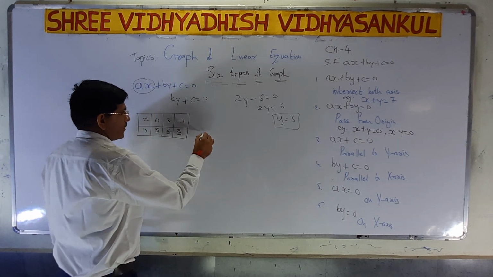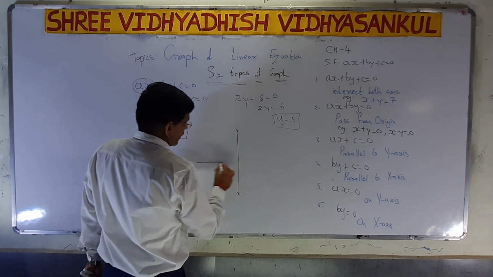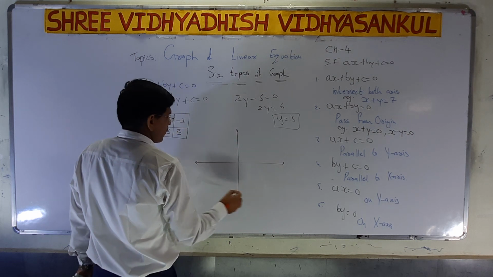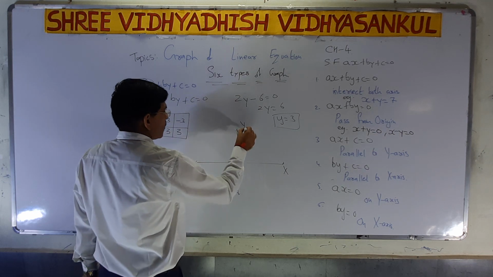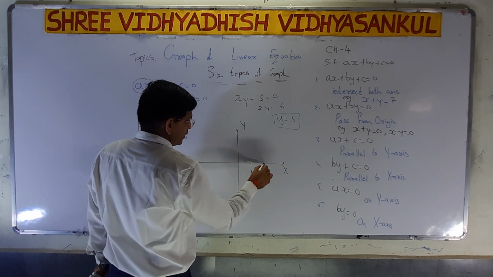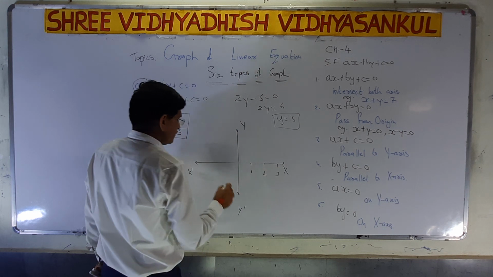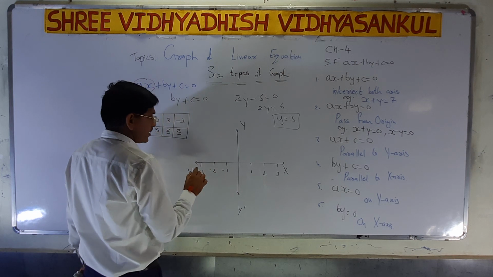Now we have to draw the graph of it. If you put the values on the x' and y' axes, 1, 2, 3, 1, 2, 3.